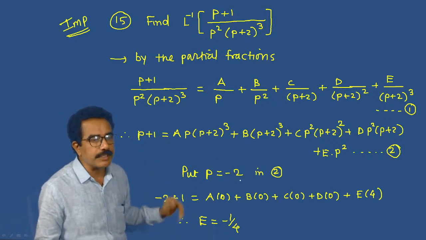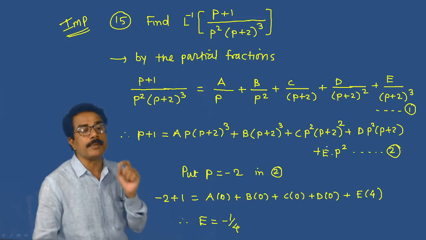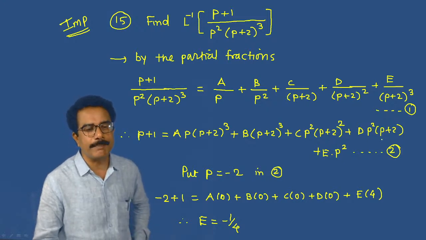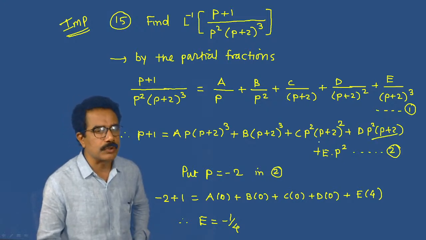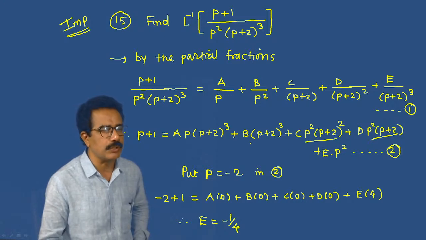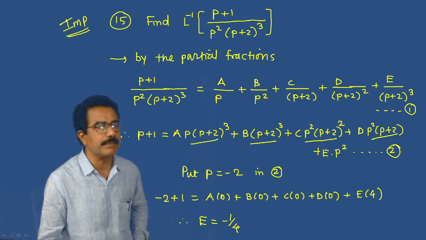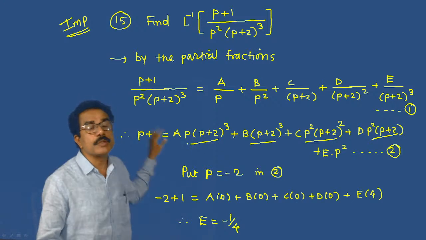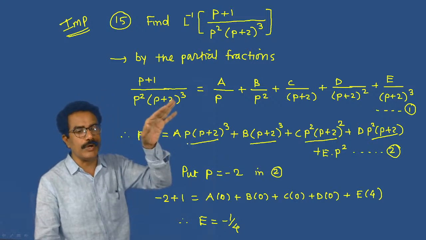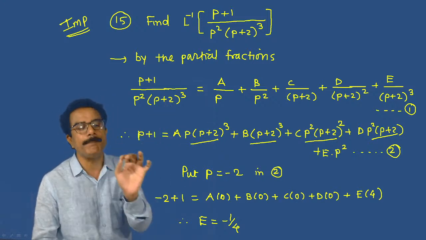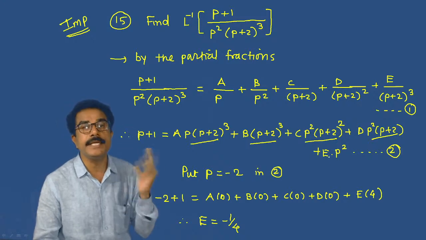If we put P equals to -2, then this term will go to 0, this term will go to 0, this term will go to 0, this term will go to 0. Means 4 terms will go to 0. We can find the value of E easily.